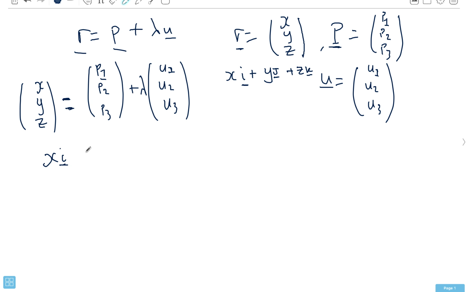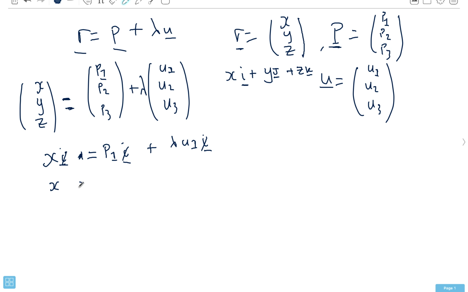So we have xi is equal to p1i plus lambda u1i. The i's cancel out.